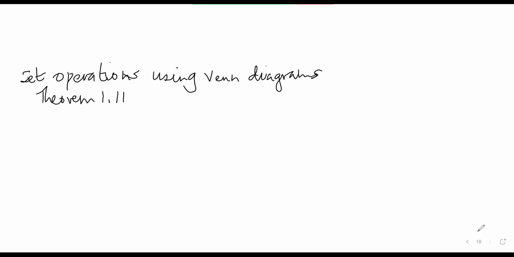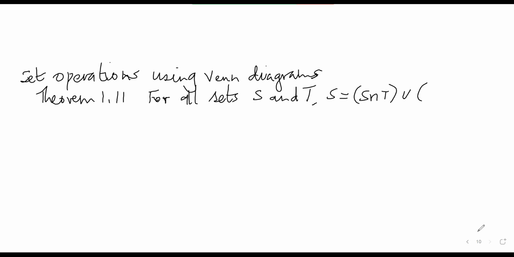So there's a theorem 1.11 that states: for all sets S and T, S is equal to S intersection T union S minus T. So we have looked at this symbolism: for all sets S and T, S is equal to S intersection T union S minus T.